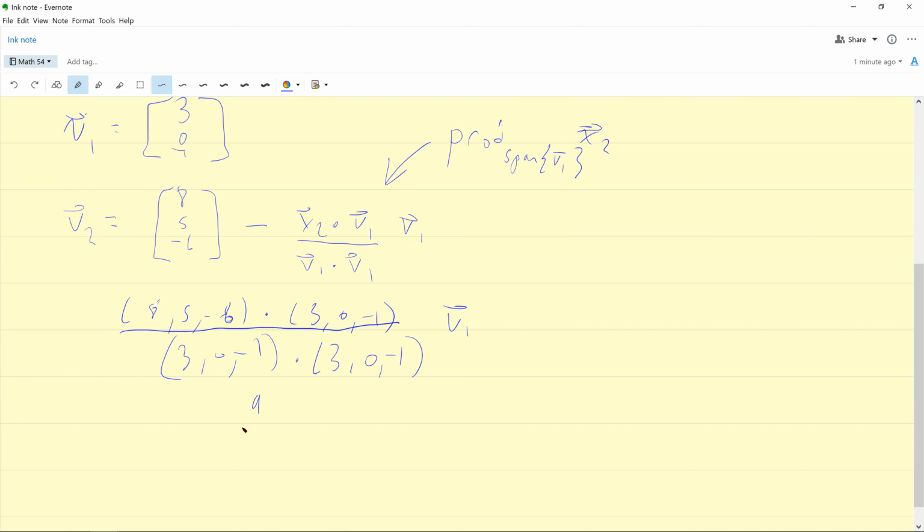Do you mean just the part on the left or the whole thing? Either one. 9, 0, negative 3 for all of it. Okay, so this is equal to 9, 0, negative 3. And then we subtract that from 8, 5, negative 6, so v2 is 8, 5, negative 6 minus 9, 0, negative 3.